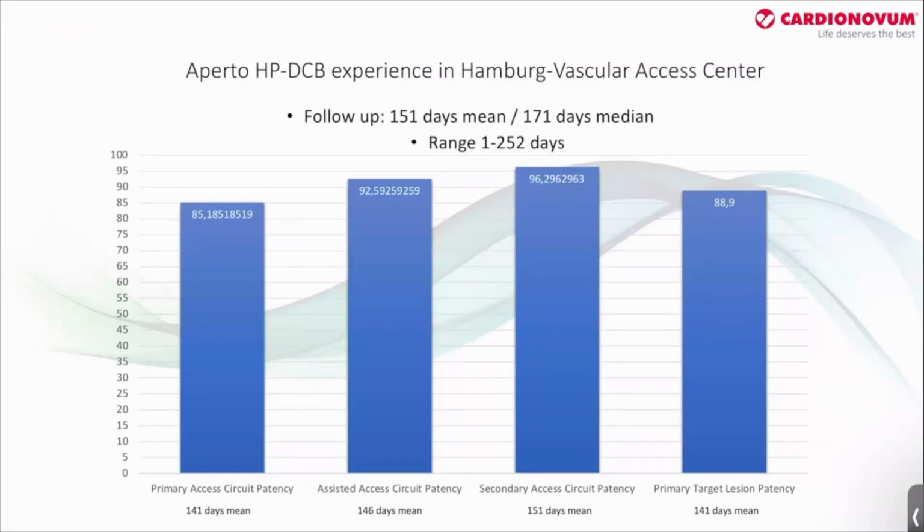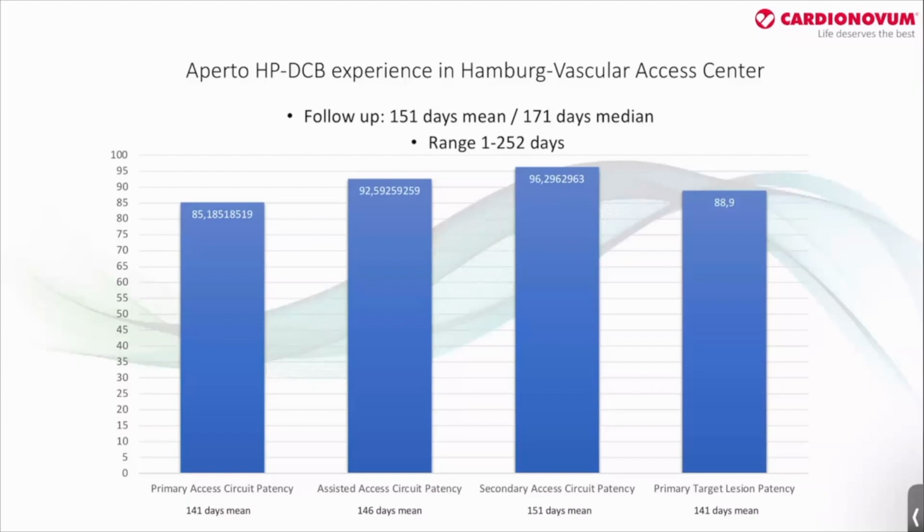So when you look at this slide, of course we have limited experience. We have a mean of almost half a year of experience, ranging up to 252 or now already 253 days. And we have a primary access circuit patency of 85% at 141 days. We have an assisted circuit patency of 92.6%, and we have 96% secondary patency rates for those accesses.